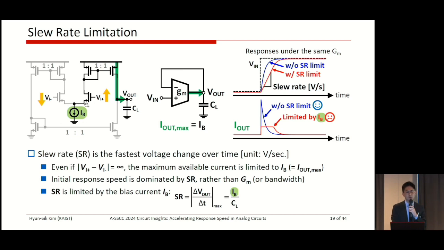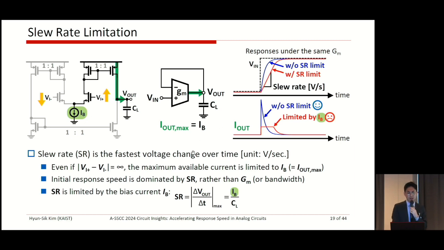Therefore, the fixed tail current is directly copied to the output stage to charge the output capacitor, right? Even if a very large input difference is applied, the maximum available output current will be limited by the tail current IB.